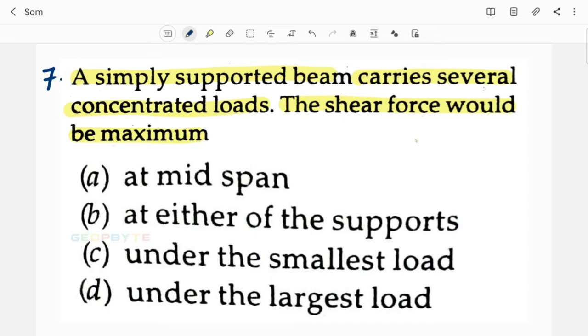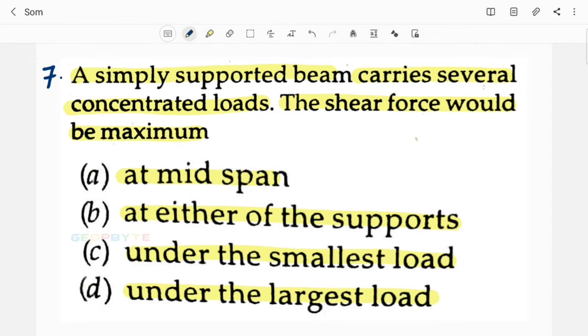You are asked to decide where you find the maximum shear force. Option A, at the midspan. Option B, at either of the supports. Option C, under the smallest load. Option D, under the largest load.